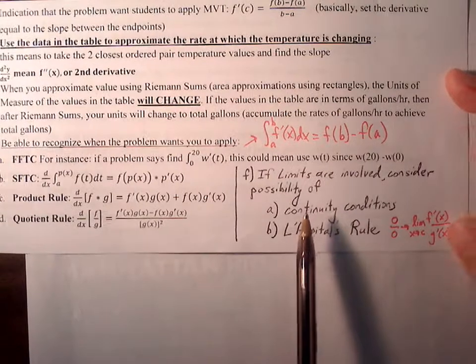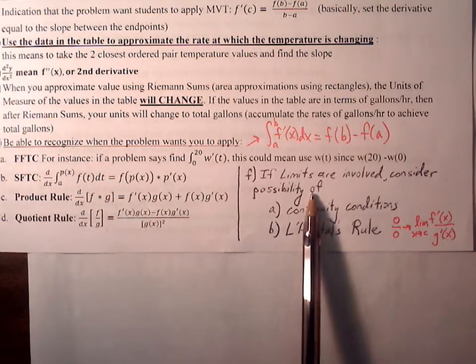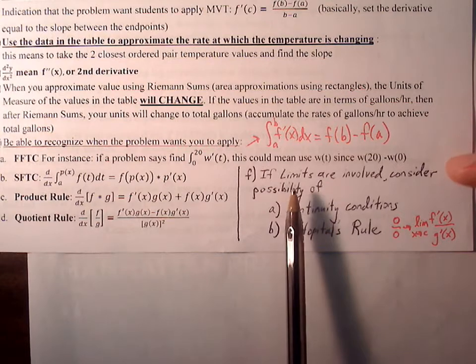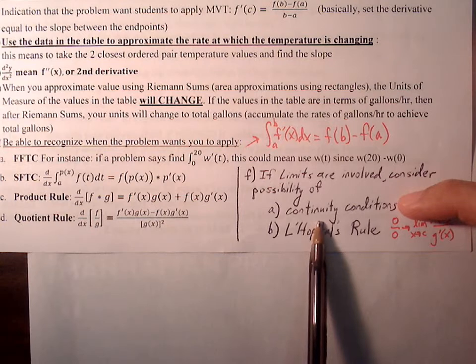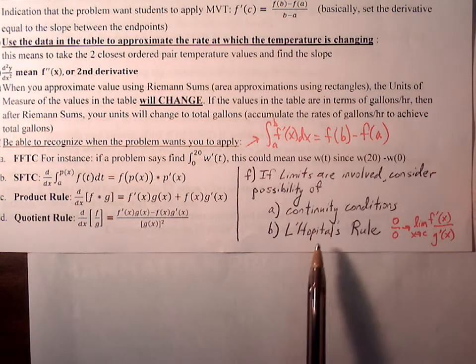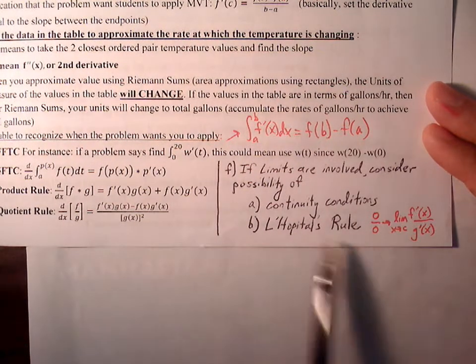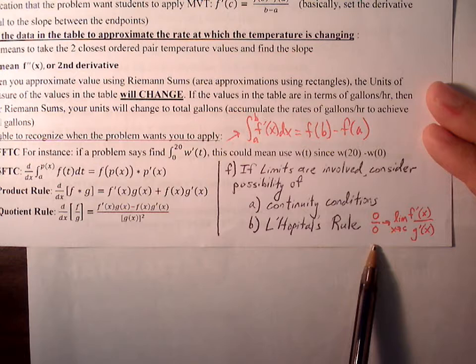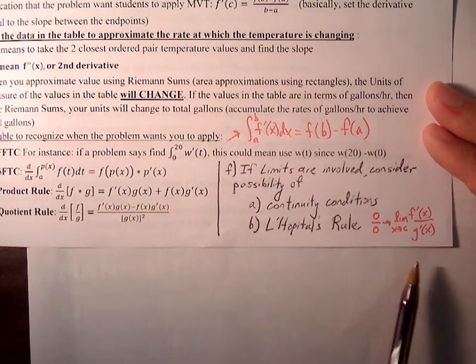Something I stuck in here is if a problem is showing you some sort of a limit problem, then consider the possibility that it could be asking you to go through continuity conditions. Right? We've gone through a couple of example problems where you have to do that. Or it's a L'Hopital's problem where your initial evaluation of that expression produces 0 over 0, which gives you the freedom to then do L'Hopital's rule.